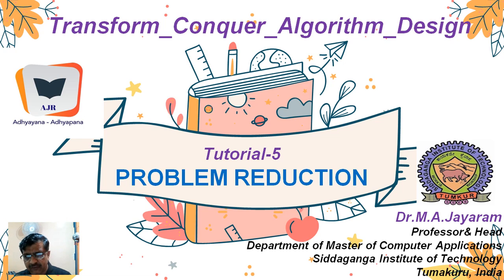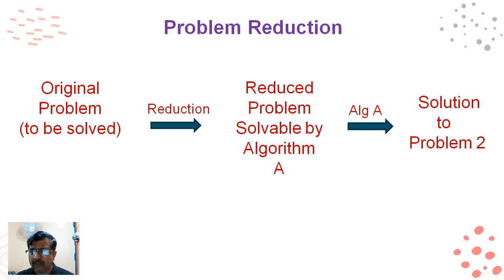As the name itself would imply, the problem reduction version converts or totally transforms the original problem to be solved into a problem of another type where some readily available algorithm is available. Therefore, it is a reduction of one kind of problem into another kind of problem.